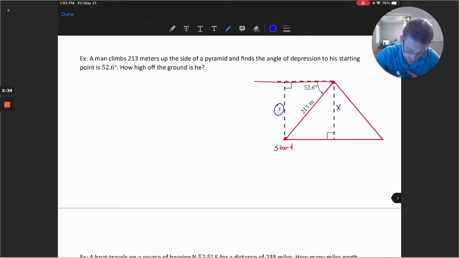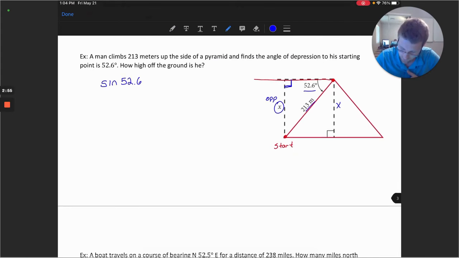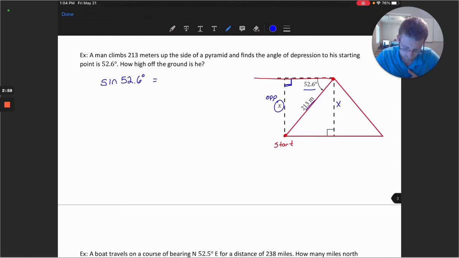In relation to my angle, I still have a right triangle here. And so I want to solve for the opposite side when I know the hypotenuse and an angle. Again, here we can use the sine function. We can say that the sine of our angle, 52.6 degrees, is equal to the opposite side, that's x, divided by my hypotenuse of 213.